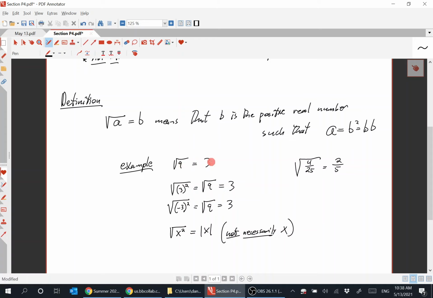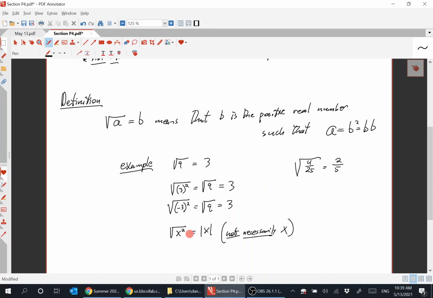So for example, the square root of 9 is 3. The square root of 3 squared is the same as the square root of 9, it's 3. The square root of negative 3 squared: negative 3 squared is 9, and the square root of 9 is 3. So more generally, what I'm getting at by these two examples is that the square root of x squared, we don't say it is x.